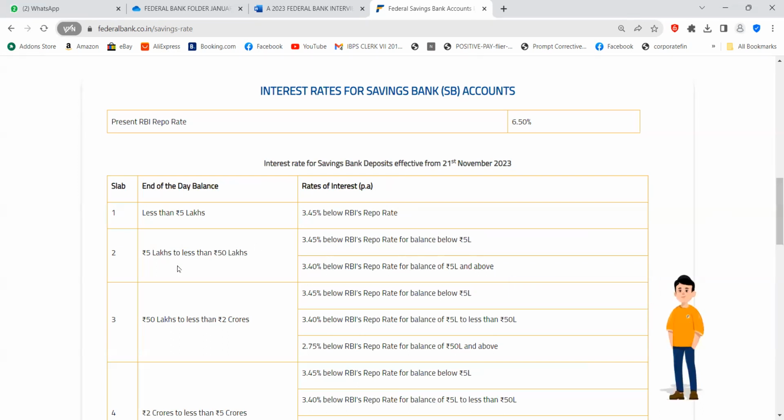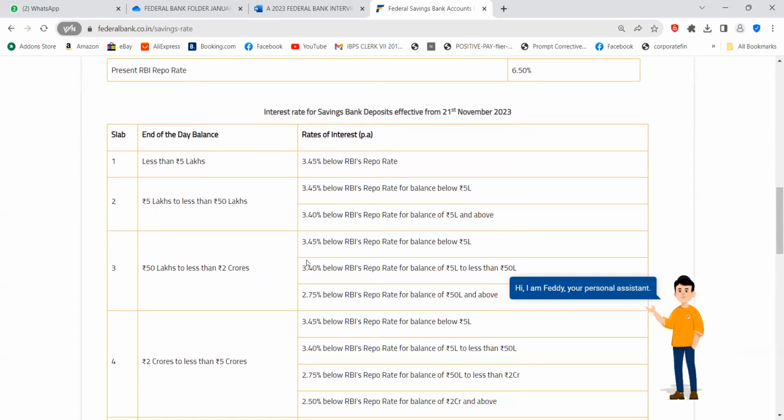Now, above 5 lakhs means 3.40% below RBI repo rate. So that is 3.10. But I thought it is unlimited. Now they are telling up to, say, how many lakhs?